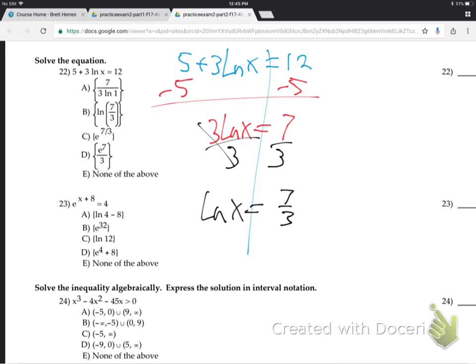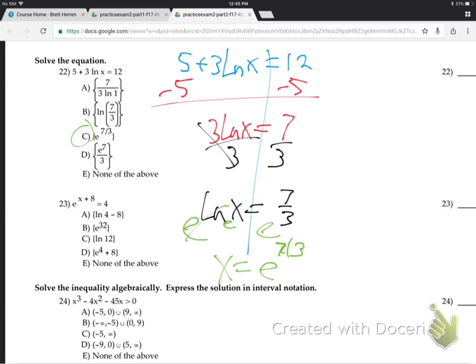What do I do now to finish getting x alone? I got to do e to both sides, right? Because that'll cancel, because the ln has an understood base e. So remember, powers are opposite of logs. That'll cancel it out. x will be e to the 7/3. So whichever one that is. Is that not there? Oh, there it is. Good on that.